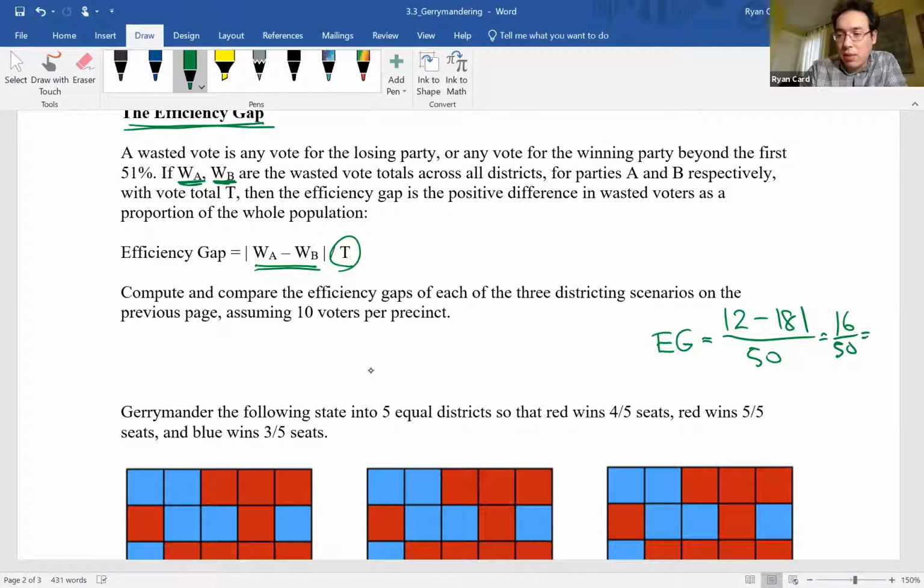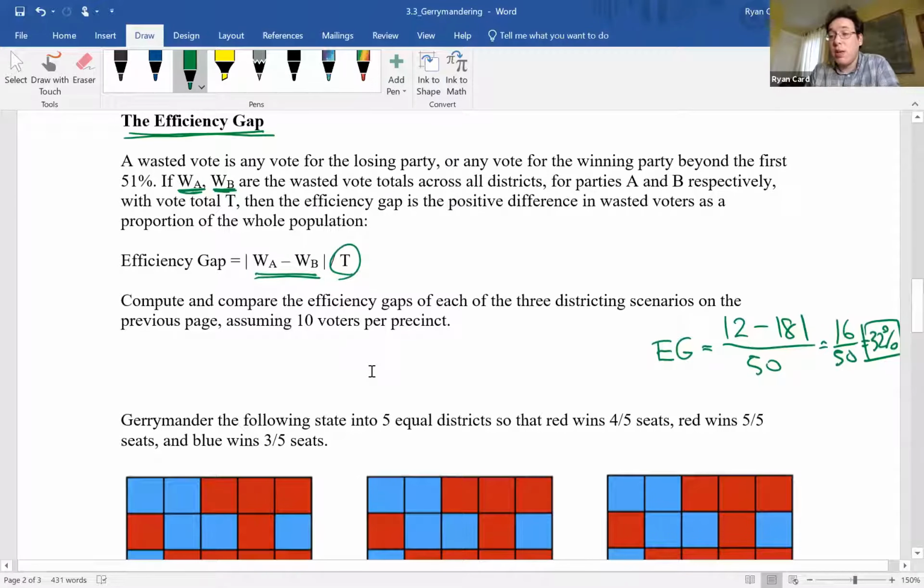So that's 32%. Which as far as gerrymandering goes, 30% is off the charts. Usually the efficiency gap should be a single digit percent, like somewhere between -5 and 5% is a regular efficiency gap. If it's going to 2 digits, there's definite manipulation going on. It's difficult for that to happen just by chance.